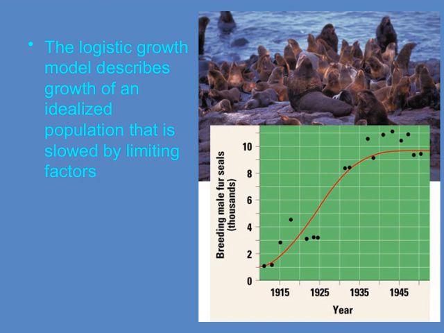What's interesting is that this model helps us understand real-world populations more accurately because it reflects how growth actually happens in nature. As the population approaches its maximum capacity, or what we call the carrying capacity, growth slows down and eventually stabilizes. This concept is really important because it connects to the overall theme of how populations interact with their environment and the limits that shape their growth over time.